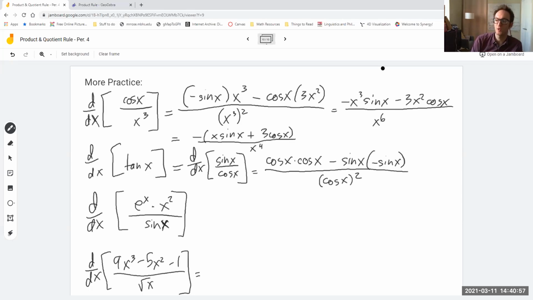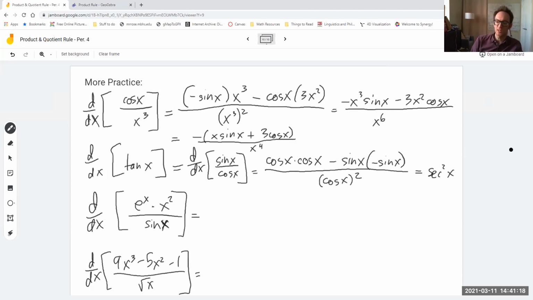And something kind of cute happens. What is that numerator? 1. That numerator is 1. And so this whole thing is 1 over cosine squared. And in fact, the derivative of tan is therefore secant squared.